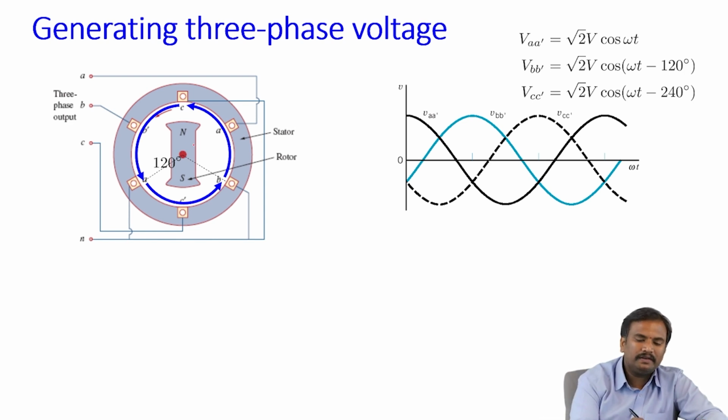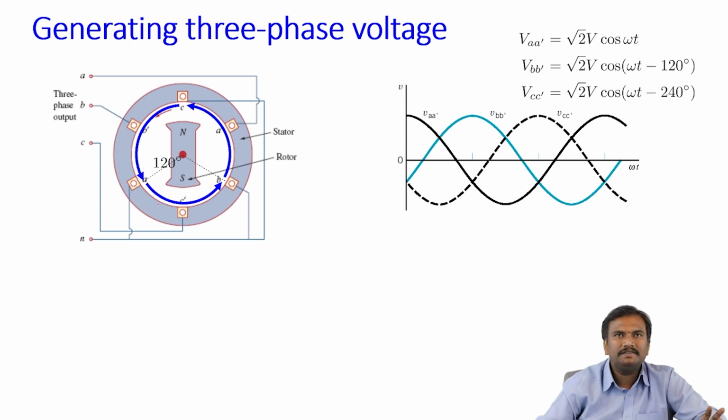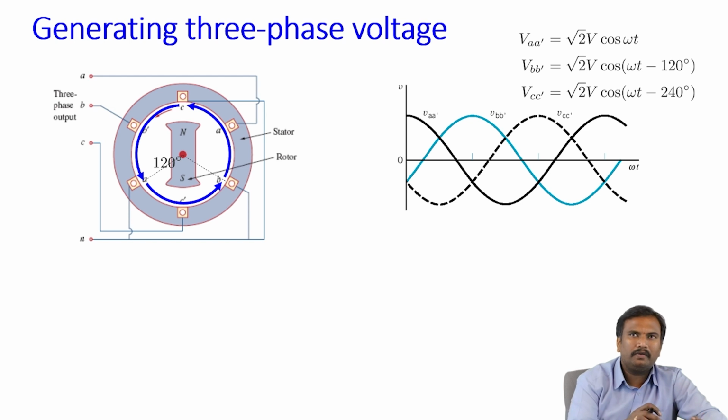This is the rotor, which has conductors with the north and south poles magnetized, and when the rotor rotates, it is going to generate three-phase output.